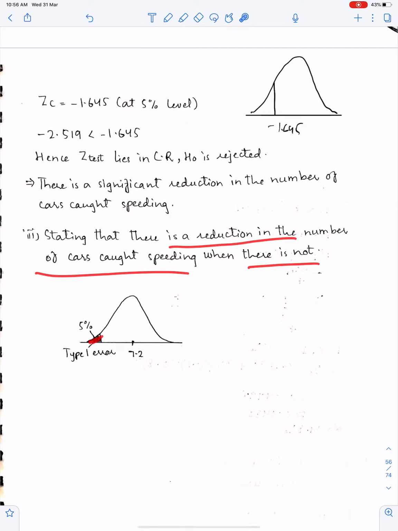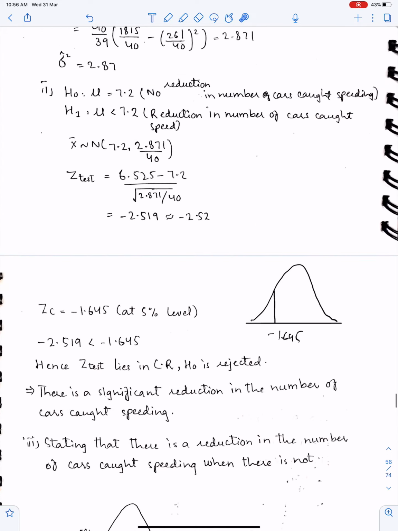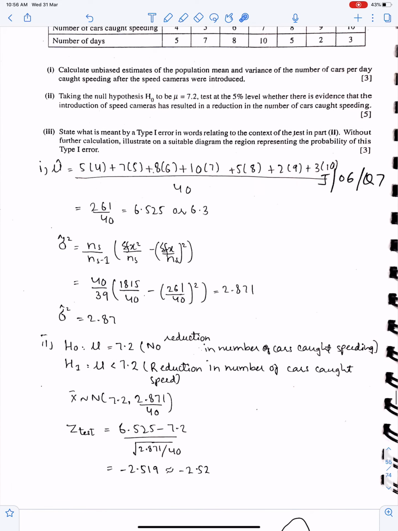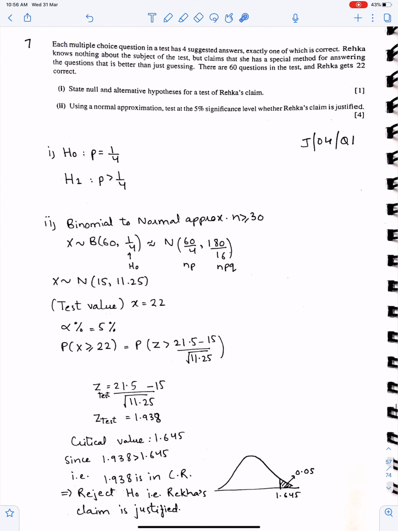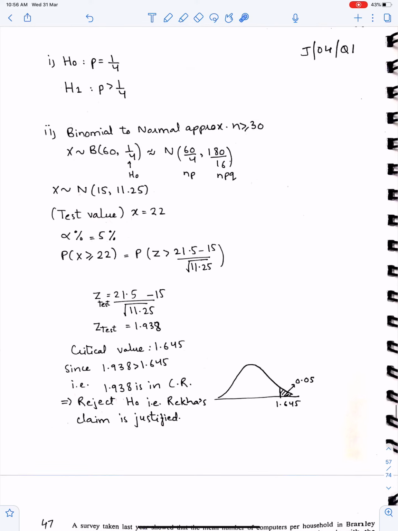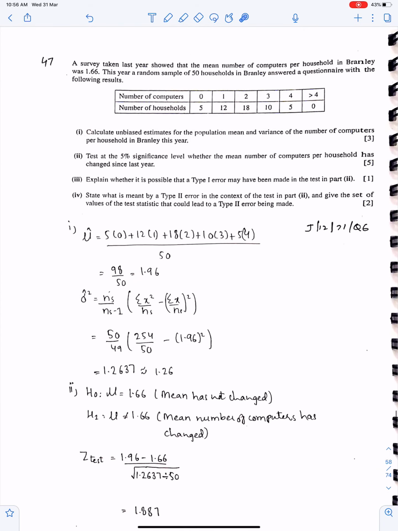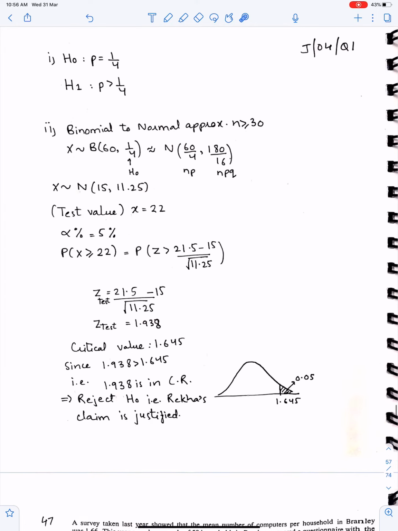This is the region of type 1 error because this is the critical region, I mean, the rejection region for H0. So the rejection region is the region of type 1 error. Leaving this question because there is nothing about type 1 or type 2 error in this question.